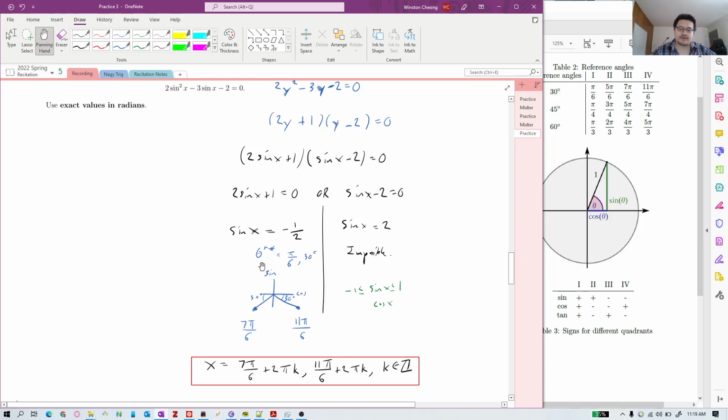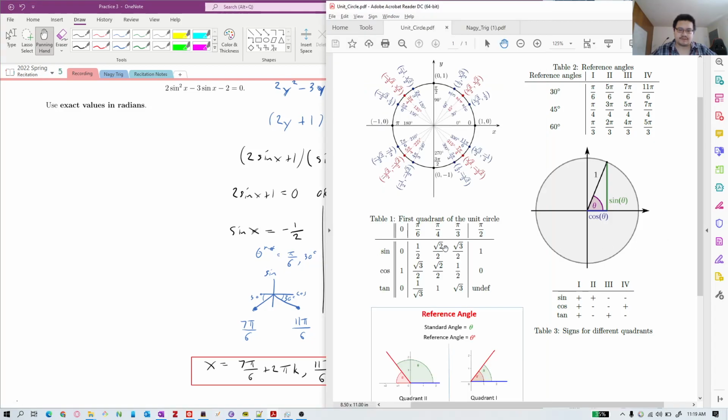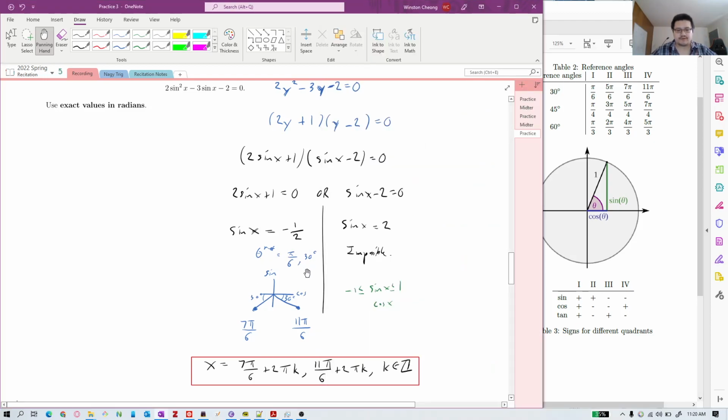The angle that should come to mind is pi over 6, right? That's the value in the first quadrant. Sine obtains the value 1/2 for the angle pi over 6, which is the 30-degree angle.